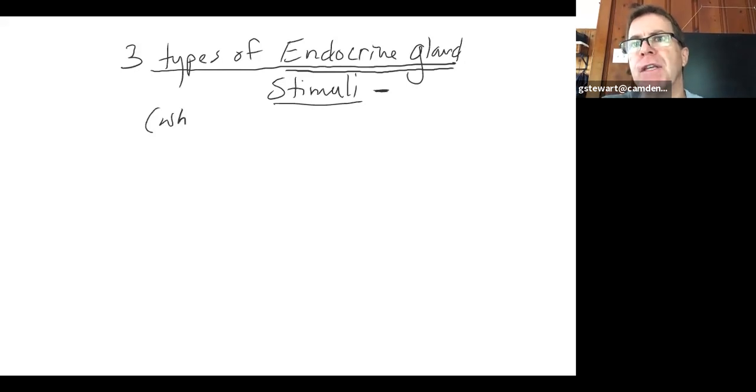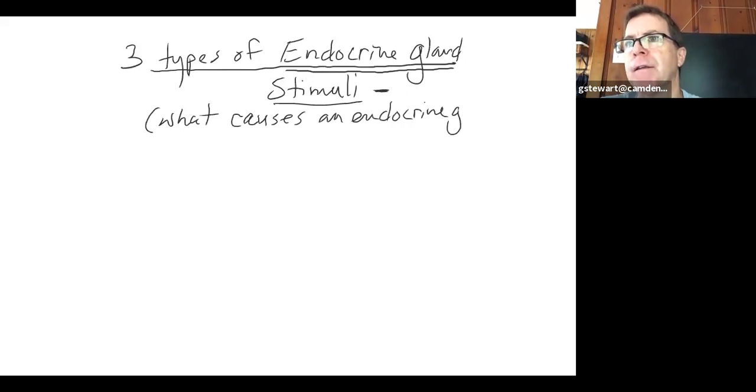So this section in your book is what causes, what stimulates an endocrine gland to synthesize and secrete a hormone.